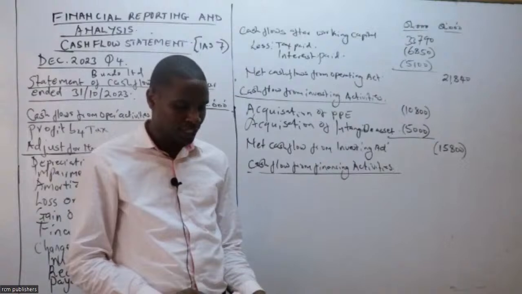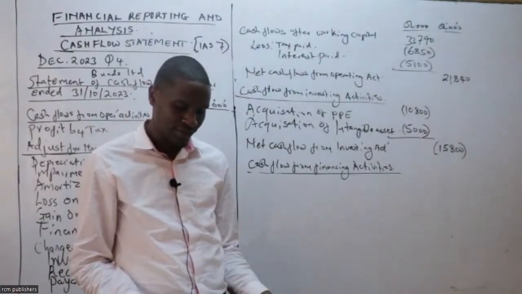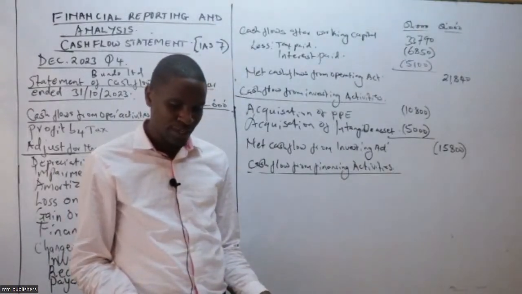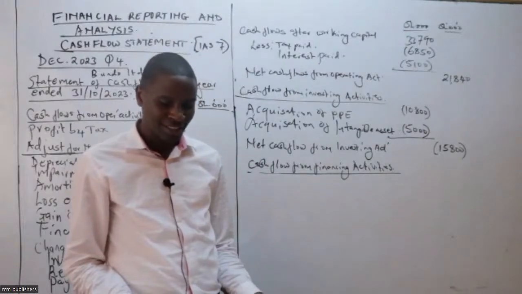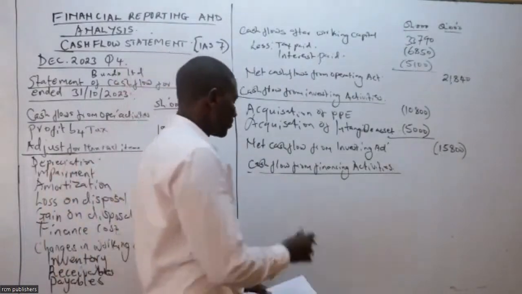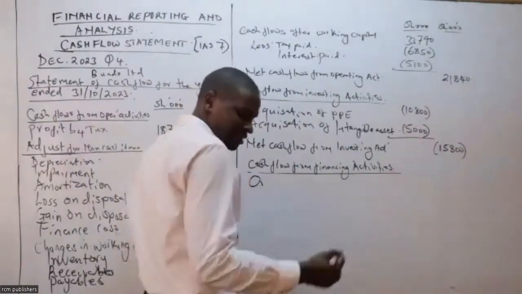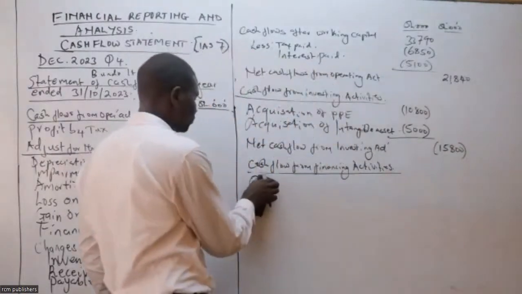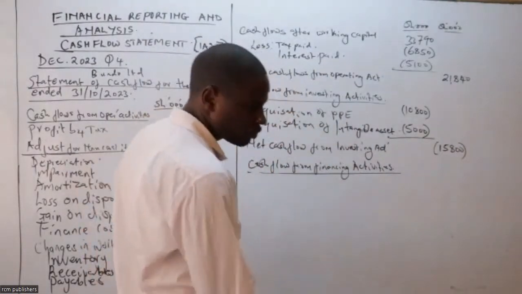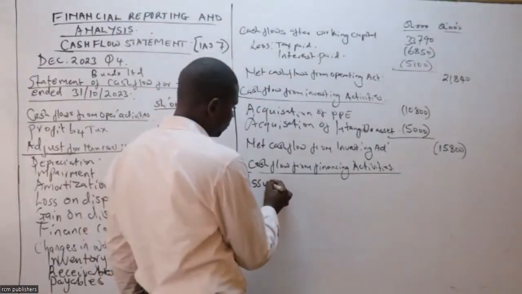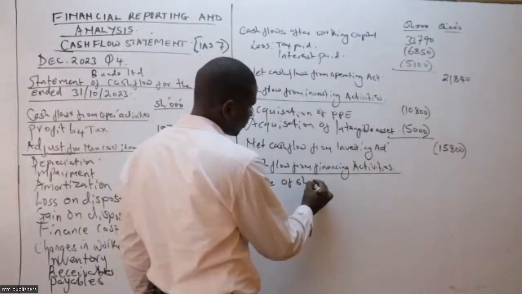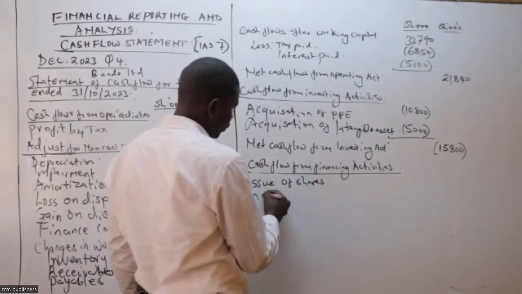So if I look at what I have here, closing is 40,000 and the opening is 32,000. So ordinary share capital, there was an issue. We can combine them: issue of shares, increase in share premium.